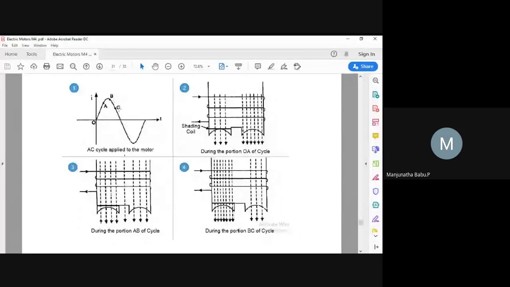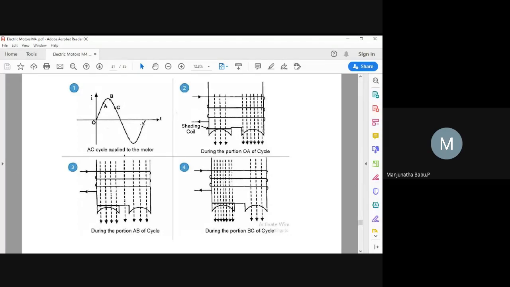As the flux starts decreasing, there is again a high change in the voltage, and the EMF induced will be very large. The circulating current through the shading ring will have its own flux, which again opposes the main flux.